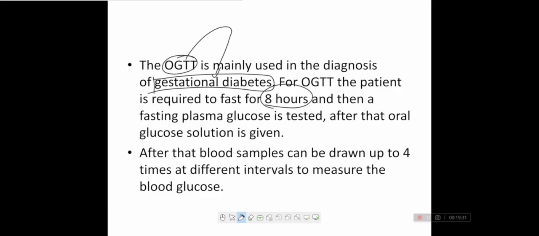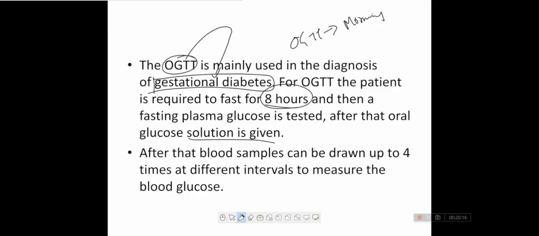And then a fasting plasma glucose is tested. After that, oral glucose solution is given. This is mainly performed in the morning. At night, when a person eats and sleeps, after 8 hours, when they wake up in the morning, the OGTT sample is drawn by the technician and tested for glucose tolerance, how our body responds to the glucose.